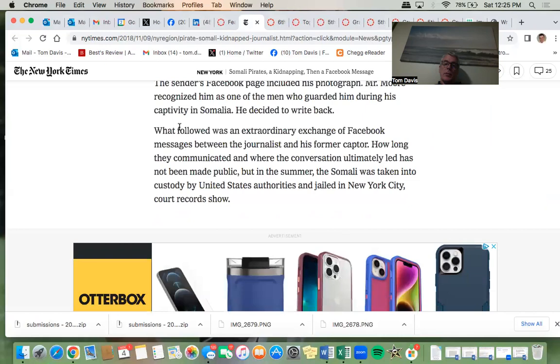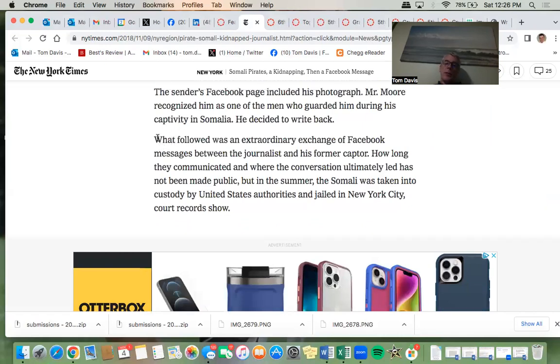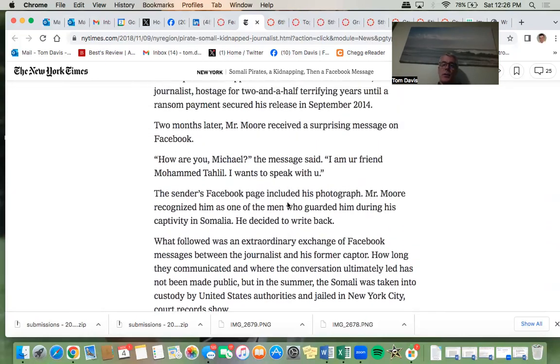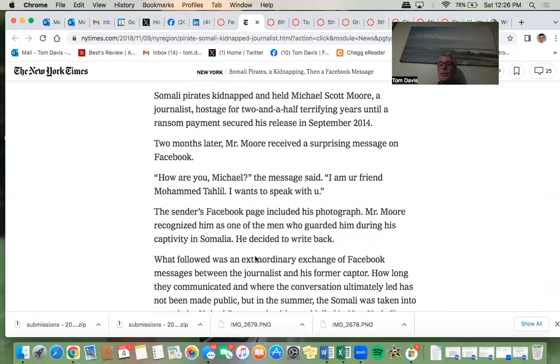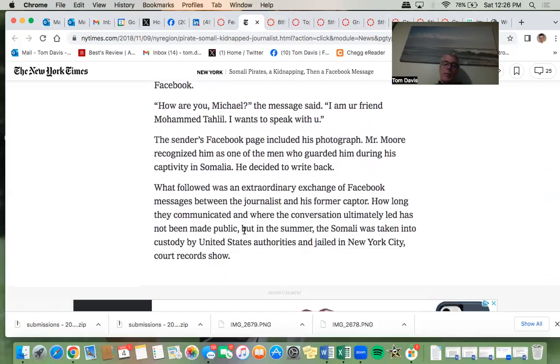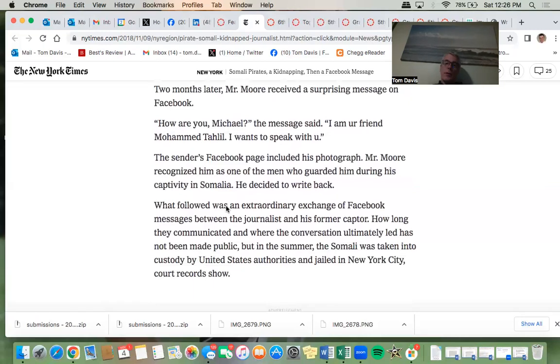That's what the story is about: an interesting reunion between two people who were adversaries, and how it led to an arrest. You didn't really see that coming when you first read those first few paragraphs. And then what the rest of the story will do is deconstruct everything that happened.